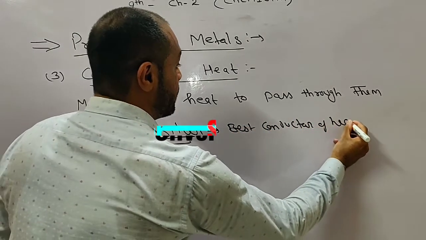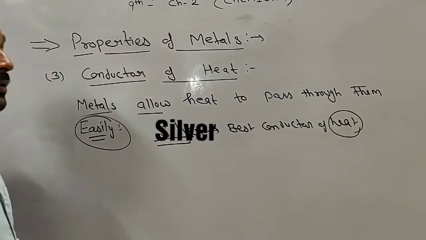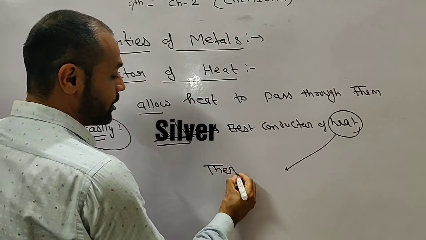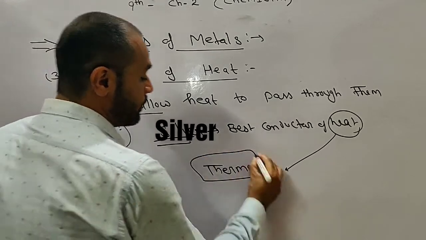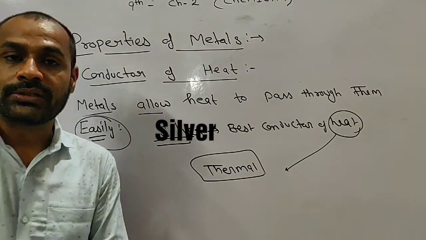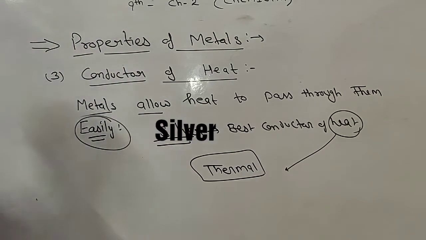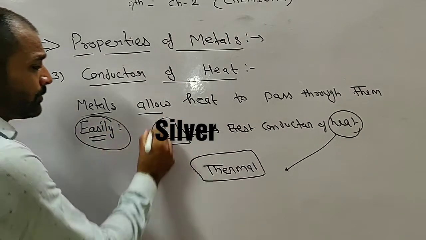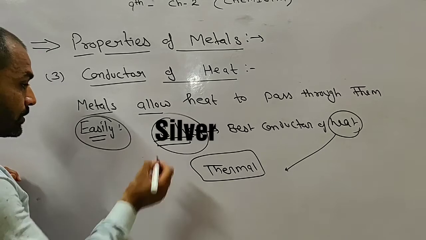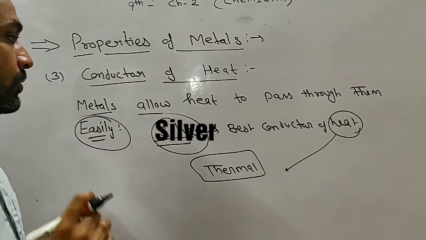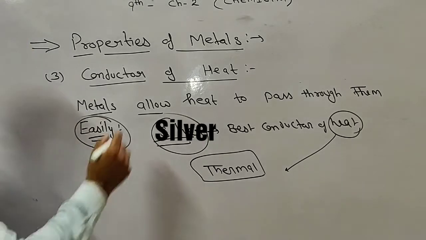Heat can also be referred to by the name thermal. We can use the word thermal in place of heat, so we can also call it thermal conductivity. It's a scientific word. Okay? Then apart from silver, which is a good conductor, let's look at some poor conductors of heat.